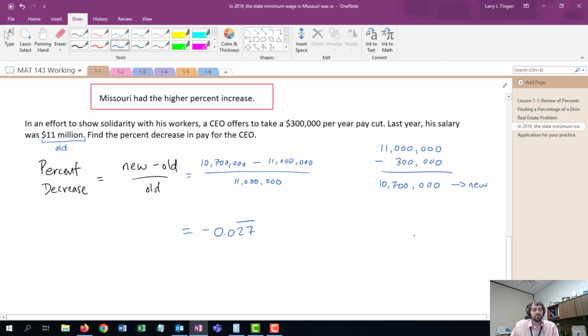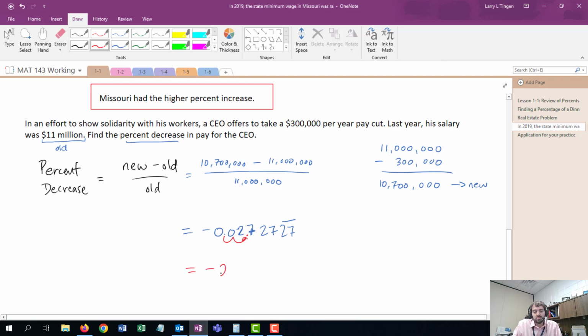The question is asking for percent decrease, so that means I do need to convert this into a percent. So let's write out, just because we know it's just going to keep repeating, 272727 and convert it. If I scoot over two places, this is where my decimal place goes now.